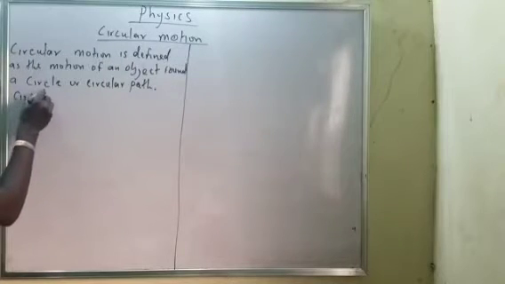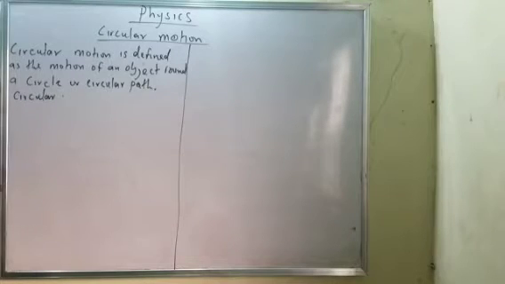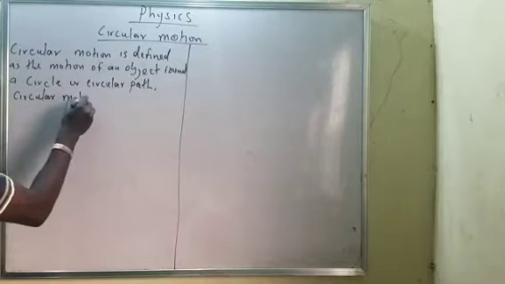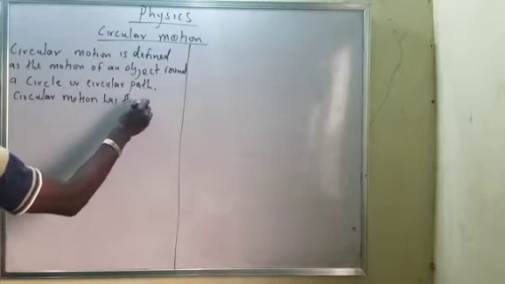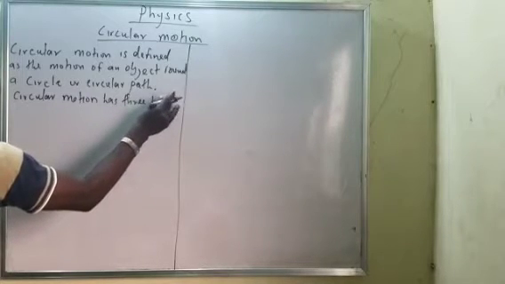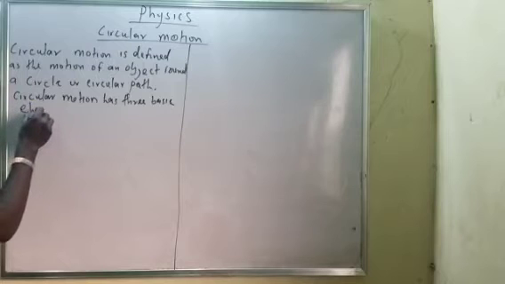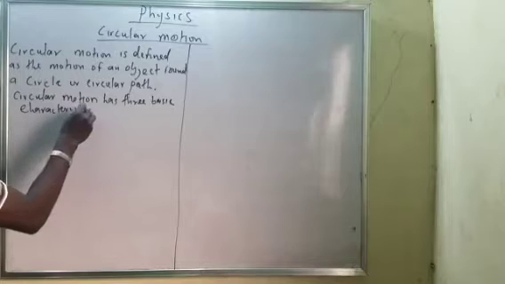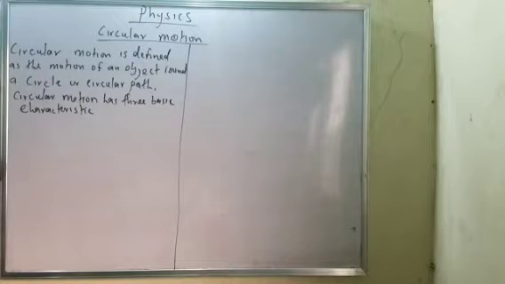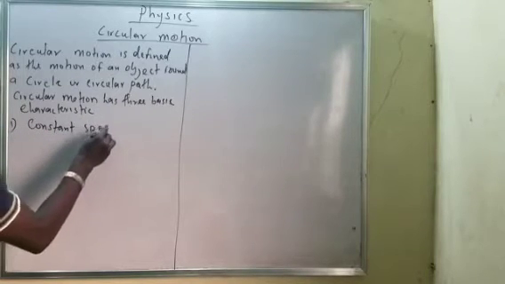Circular motion has three basic characteristics. The first one is constant speed.